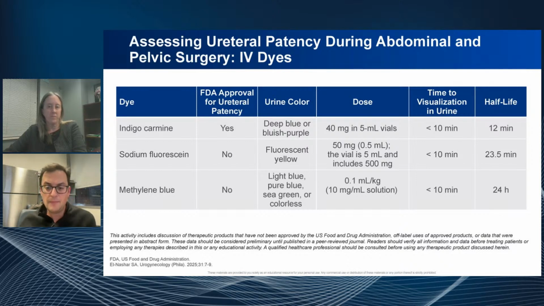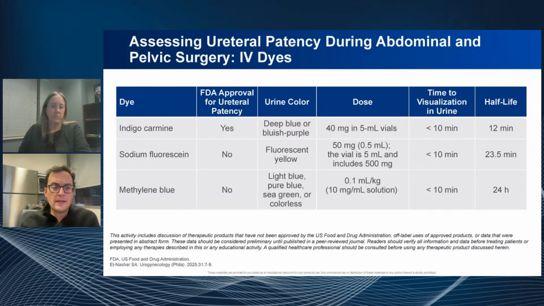Oral agents, I think, became popular when we lost some of the IV agents, and we'll talk about this a little bit, but phenazopyridine and riboflavin, just again, advantage, disadvantage, we'll talk in a little bit. And then the cystoscopic fluids, things that'll change the density so that when the urine jet comes out, we can actually see the optical densities change. So those are the 3 major categories for assessing patency intraoperatively.